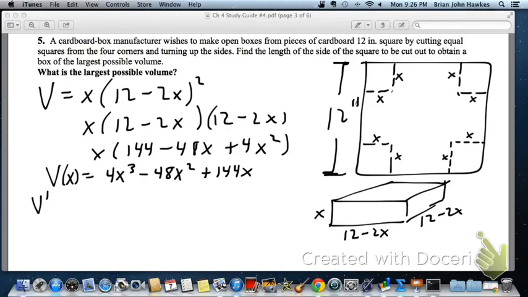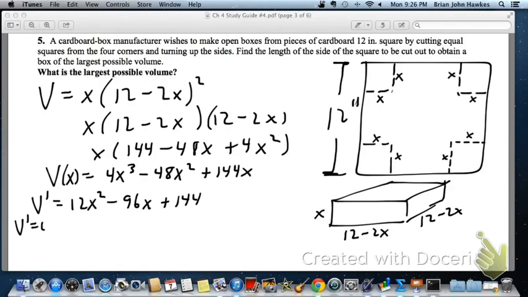Okay, so v prime is equal to 12x squared minus 96x plus 144. And what could we divide everything by? 12 times 8 is 96. So we can divide everything by 12 once we set it equal to 0.